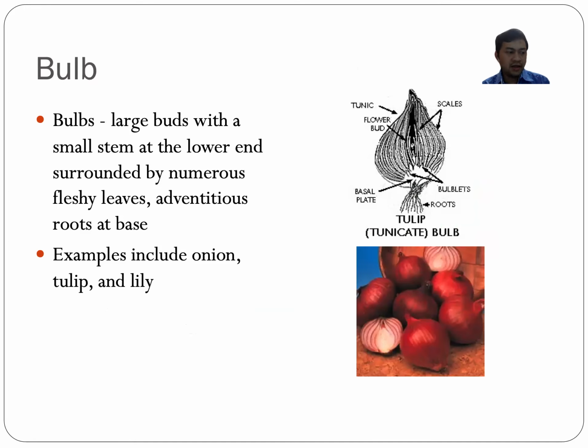The next one is bulbs. What are bulbs? Large buds with a small stem at the lower end, surrounded by numerous fleshy leaves, with adventitious roots at the base. For example, onion, tulip, lily, and also garlic.